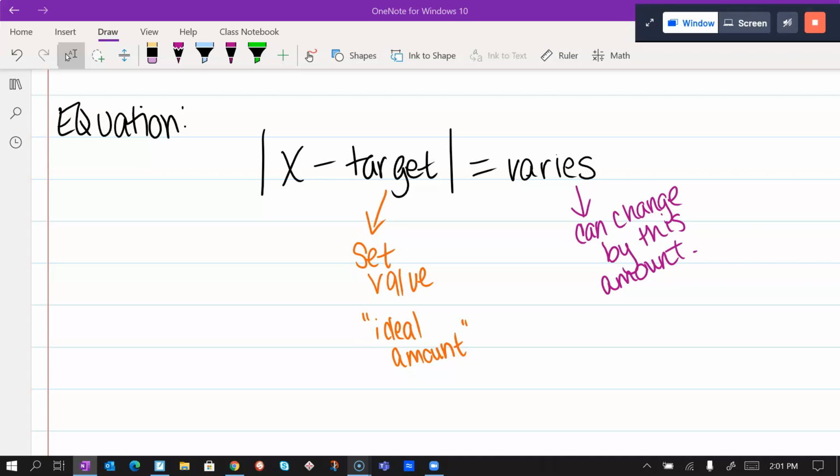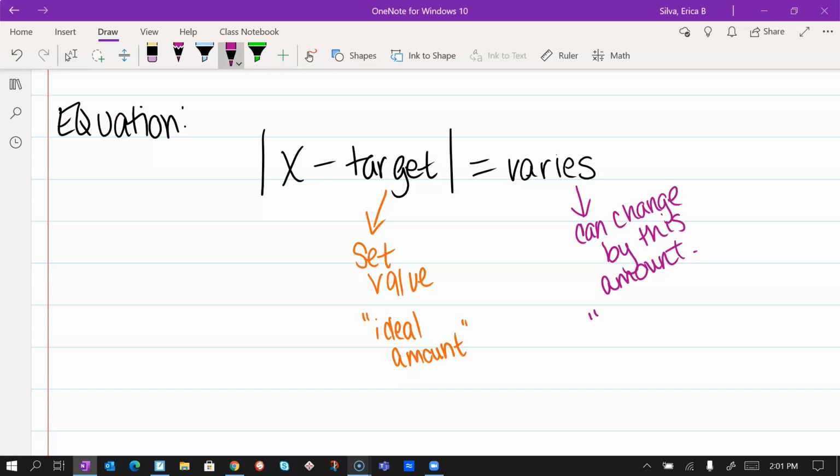A 90? No. A 75 I'll be okay with. An 85 I'll be okay with, right? Adding 5 or subtracting 5. Now remember, it's basically just the distance from 80, and that's why we use the absolute value.